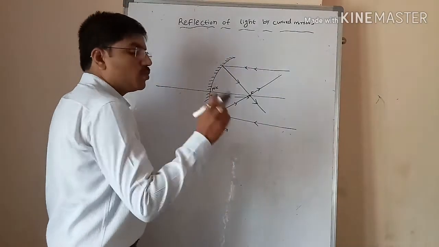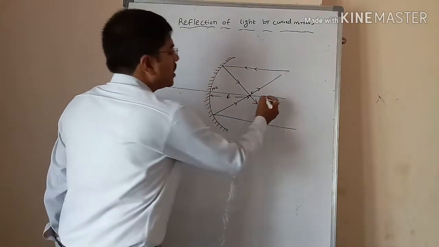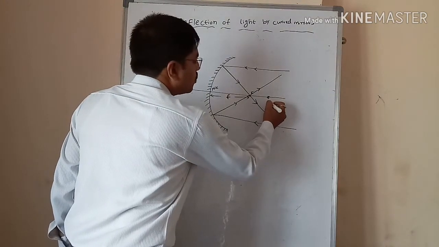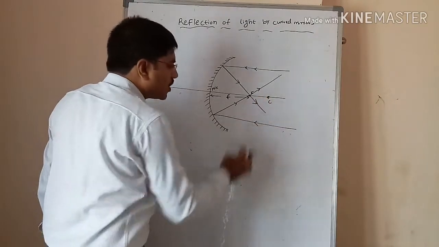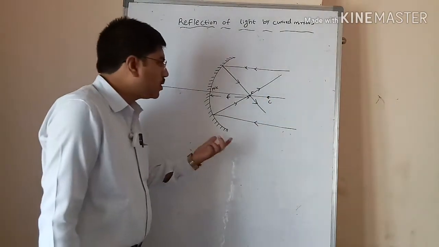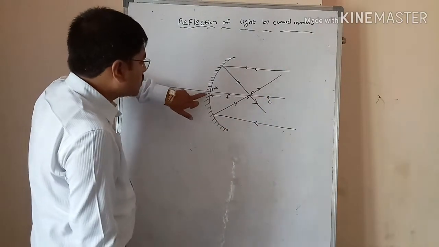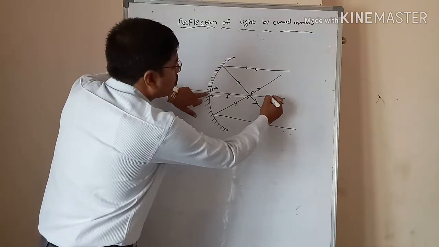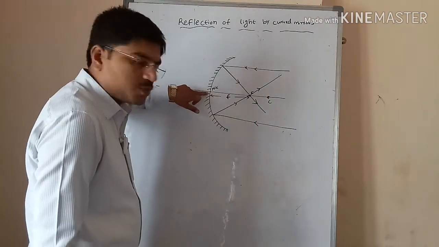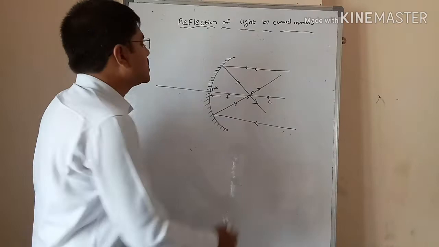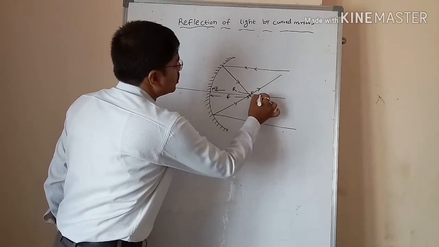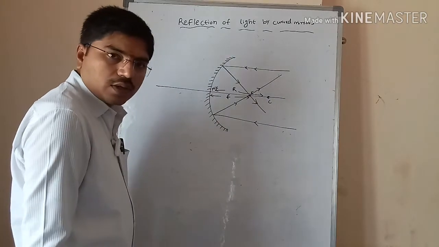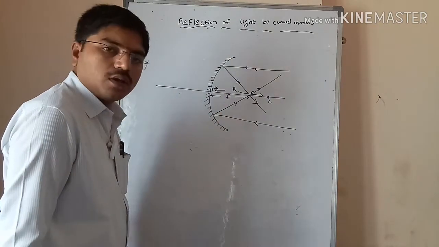Then one more is the center of curvature, which we just discussed. The distance between the pole and the center point is called the radius of curvature. It is shown with a capital R.